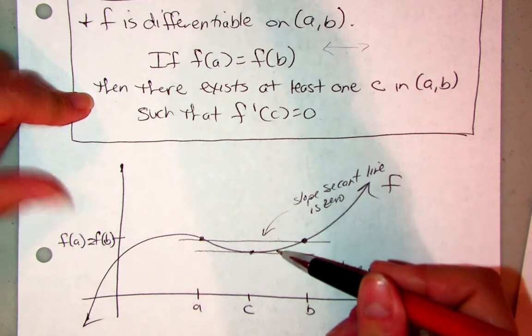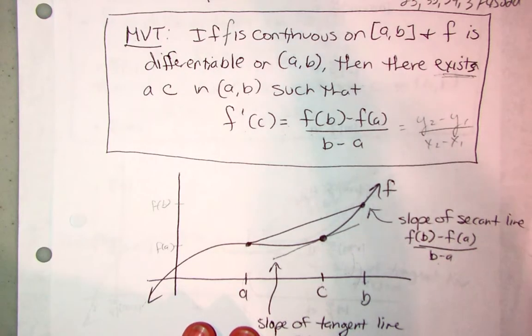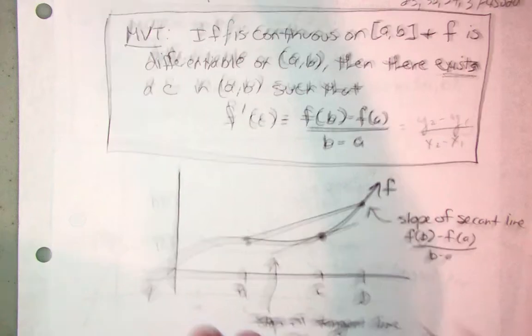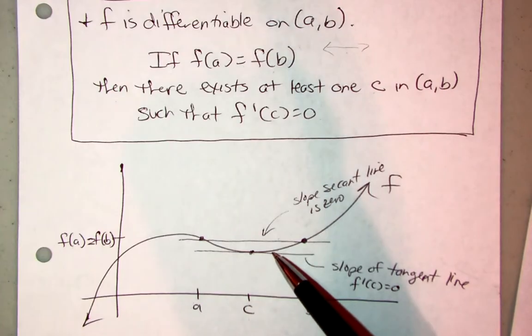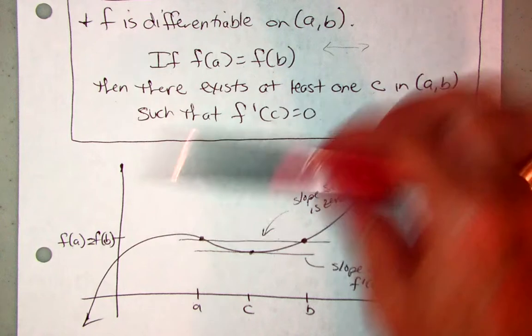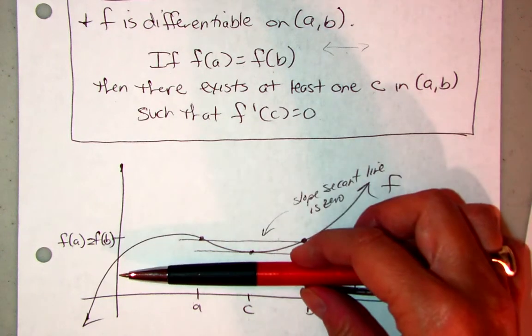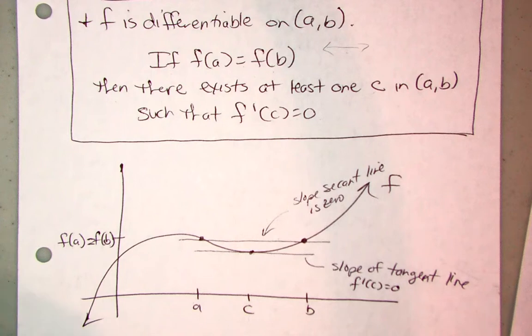In other words, these two are parallel and these two are parallel. Just this one can be any slope. Rolle's theorem is very specific. If the y's are the same, then that means it's a horizontal line. Then there's some c in between in which the slope of the tangent line is also 0.